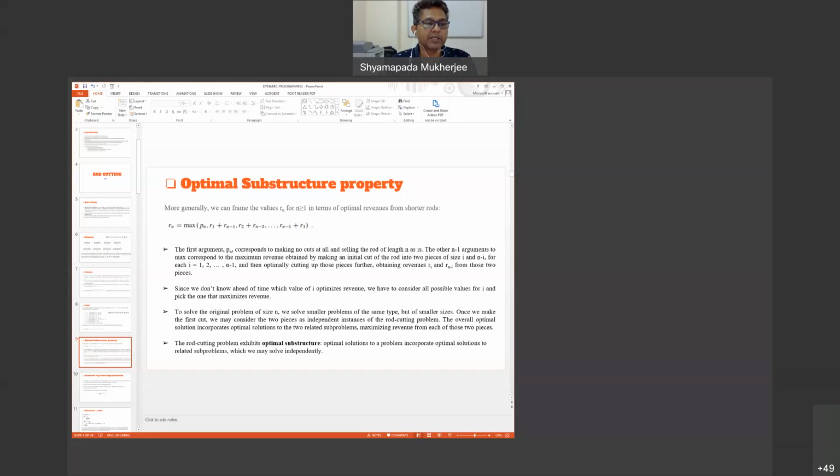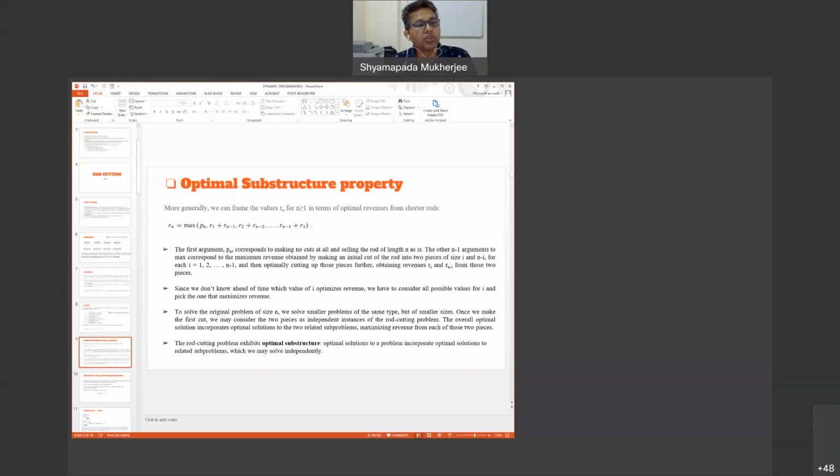So the same expression I have written here, Rn, that is the maximum of this. Since we don't know the exact value of i, where the actual cut should be initially, we need to check all these things. But the only thing you see is that if we want to find the solution for Rn, then we need the optimal solution for R1 plus Rn minus 1, or R2 plus Rn minus 2.